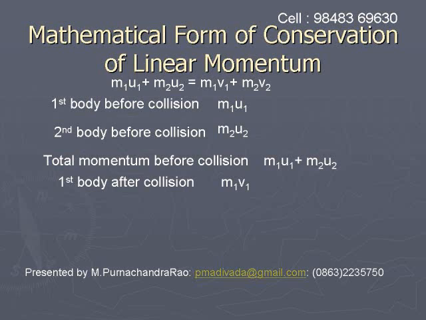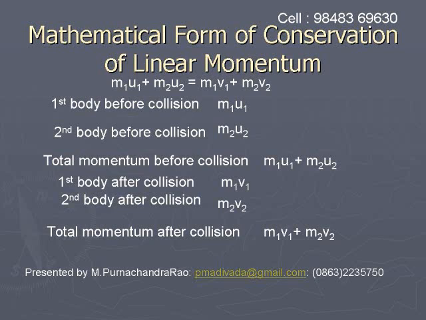The momentum of the first body after collision is m1v1. The momentum of the second body after collision is m2v2. So the total momentum after collision is m1v1 plus m2v2.